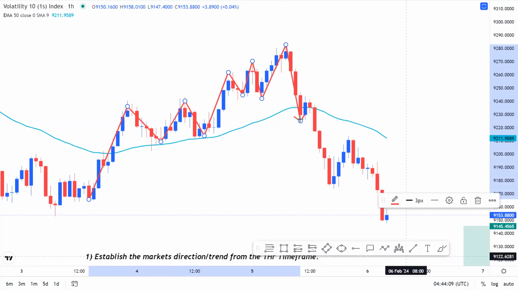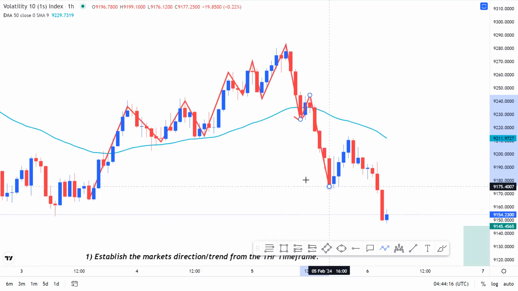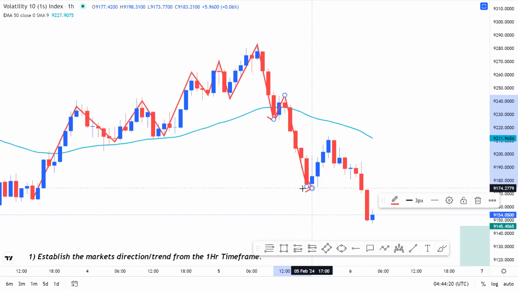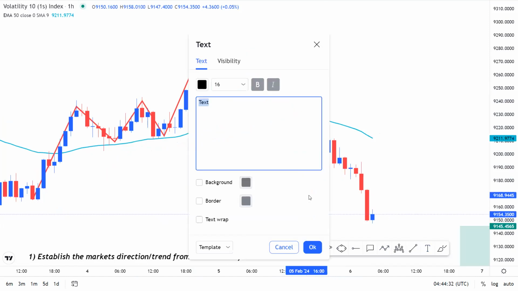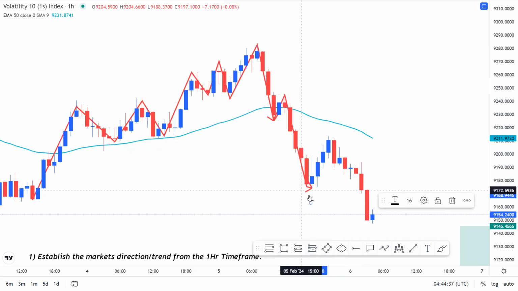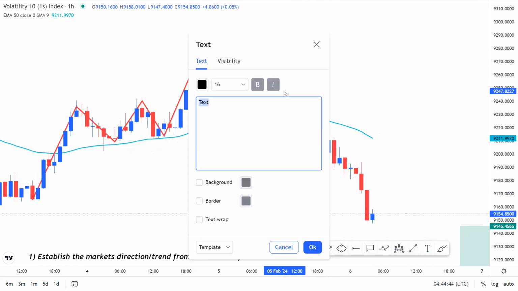Then I noticed we continued to trade much lower as soon as we had this next sell impulse to the downside, creating right here the most recent lower low, fully confirming the market's trend to the downside on the Volatility 10 (1s) index.